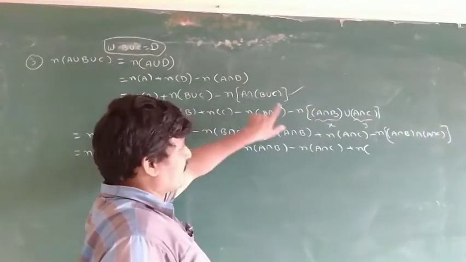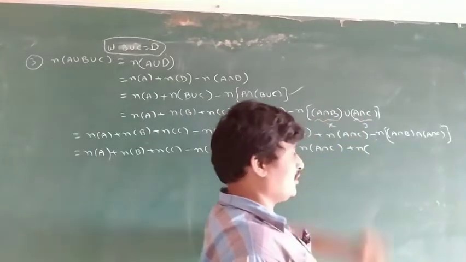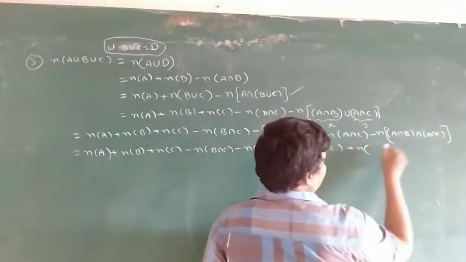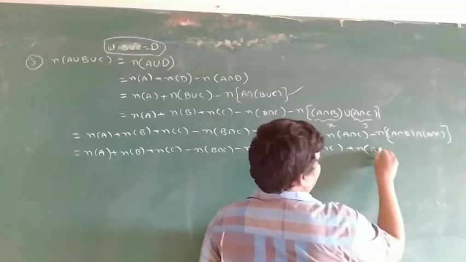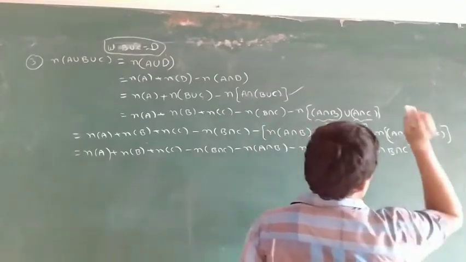Here there is a double operator, but that can be converted to this type. This is the single operator.